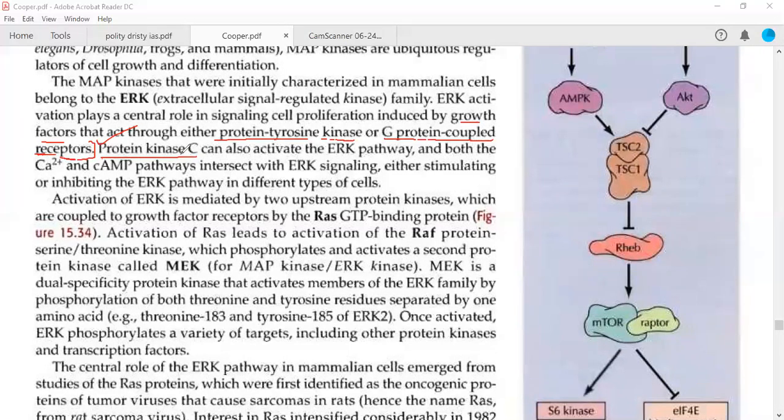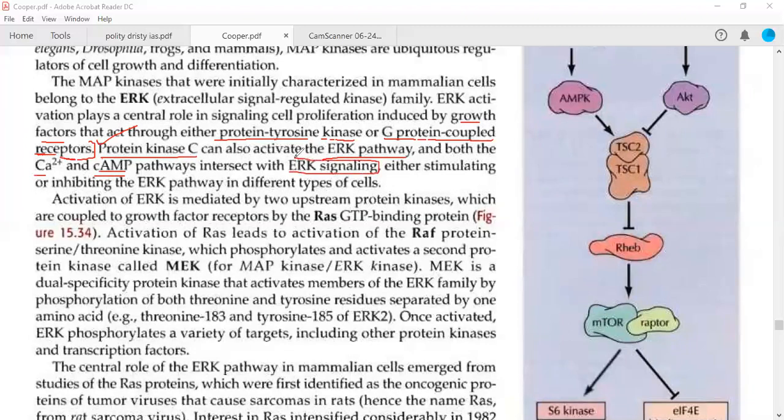Actually, this we have studied in the IP3 DAG pathway where the protein kinase C was directly binding with the DAG, diacylglycerol, and some of the calcium ions will be coming and activating this protein kinase C. Now, what is the function of this protein kinase C? It can also activate this particular MAP kinase pathway or ERK pathway, and both the calcium and cyclic AMP from the GPCR signaling pathway intersect with ERK signaling.